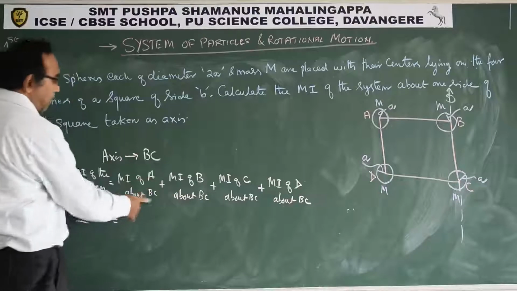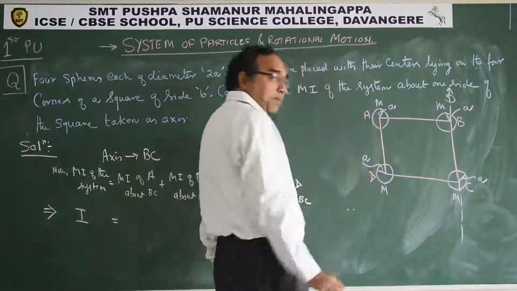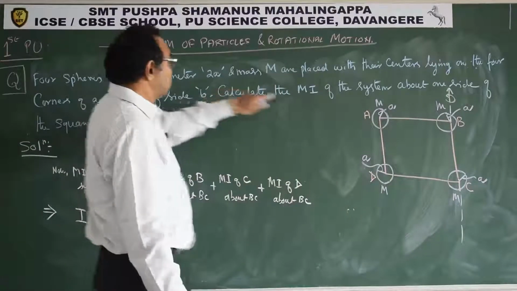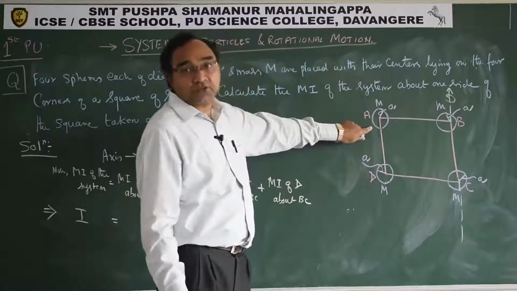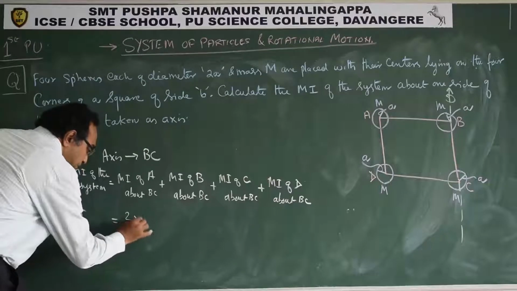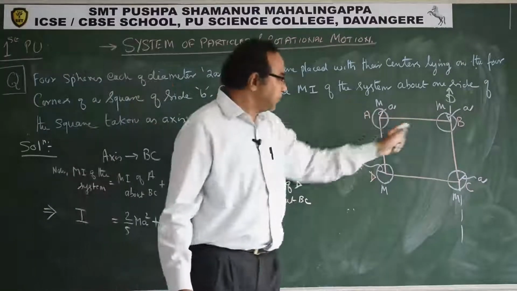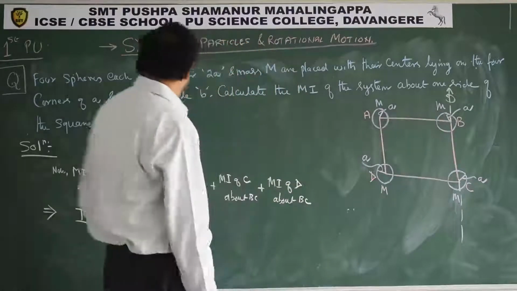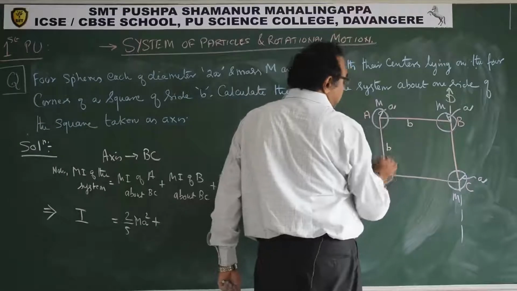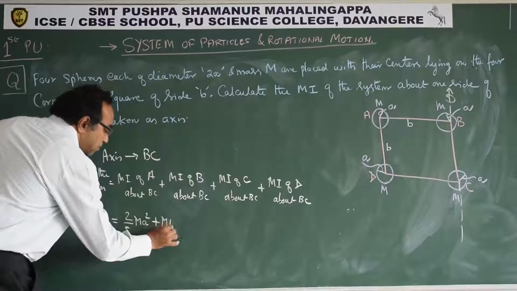So this will give us the moment of inertia of A about BC. Please see this one. First, knowing that it's a solid sphere, 2 by 5 mr square, so it will be 2 by 5 ma square plus, use the parallel axis theorem. What is the distance? The side is given as b, so it is mass times b square.